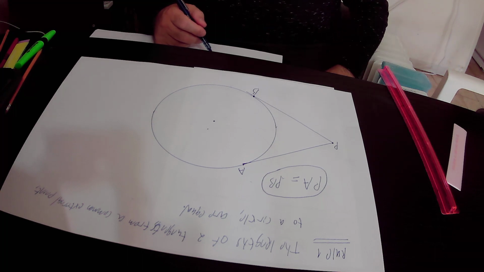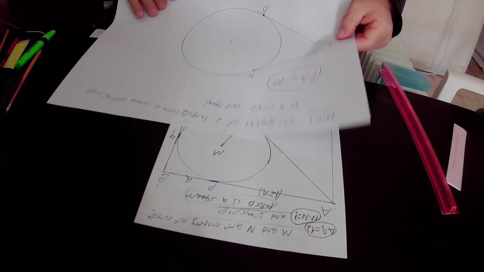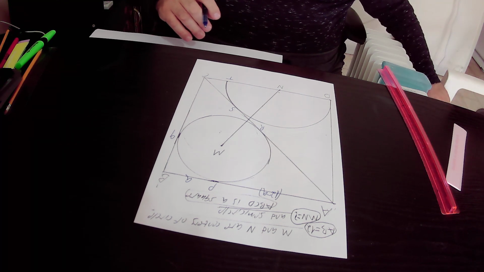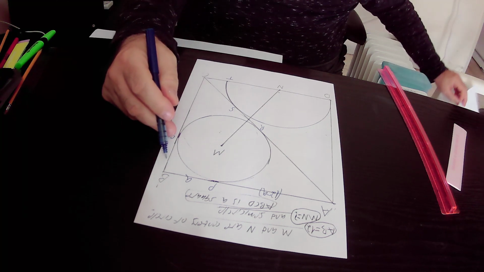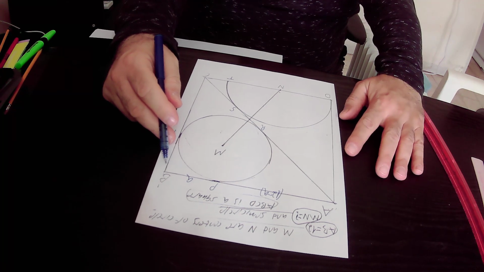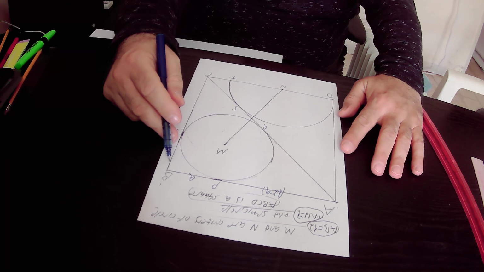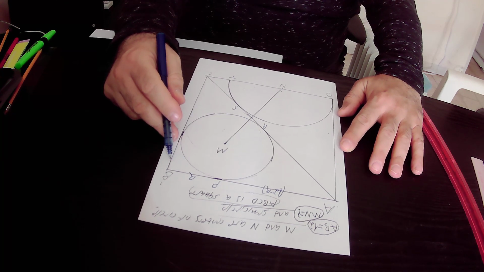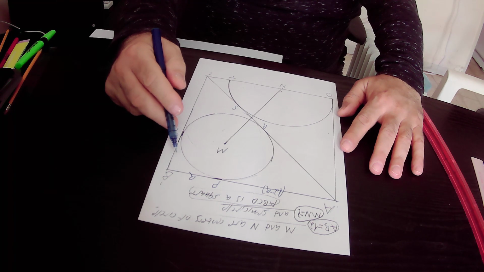Okay? So actually we can implement rule number 1 in our drawing. Here we have the external point, point B, that is the vertex of the square ABCD, and from point B we have two tangents to this circle.